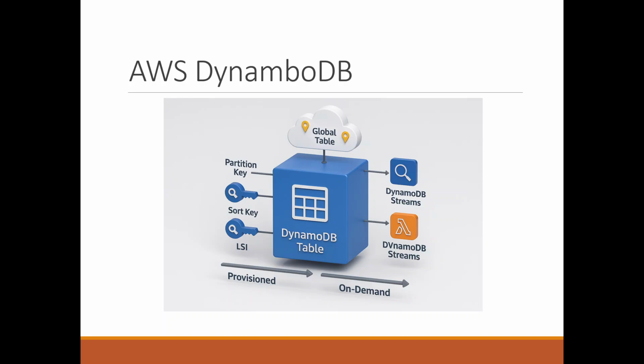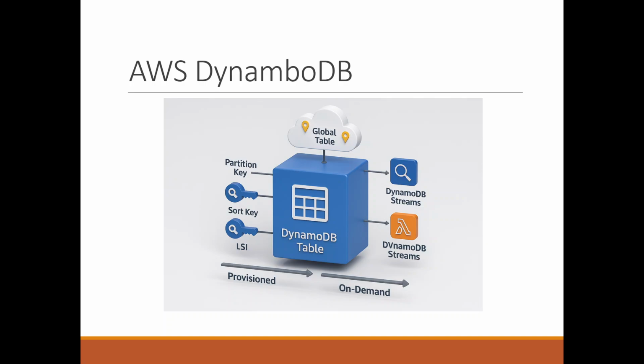Remember, it's a NoSQL database trusted by companies like Netflix, Airbnb, Amazon, and TikTok. In this session, we'll break down DynamoDB into super simple pieces: tables, items, attributes, keys, indexes, streams, capacity modes, global tables, all explained with clean diagrams and real-world examples. So let's begin.